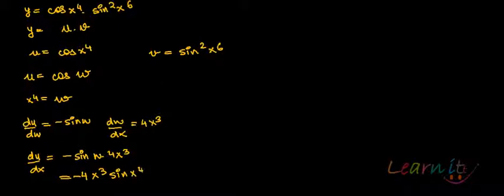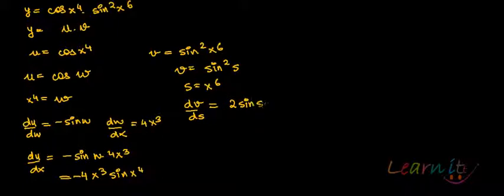Similarly, for v is equal to sine square x to the power 6, you can say v is equal to sine square s, where s is equal to x to the power 6. So dv by ds is basically 2 sin s cos s, and ds by dx is 6x to the power 5.